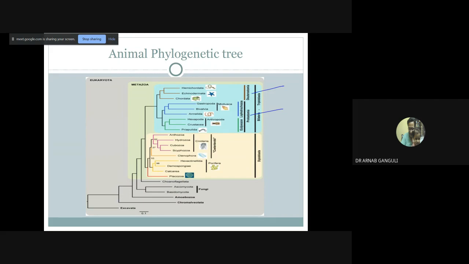I've taught you about the phylogenetic tree. This is a phylogenetic tree of animals which has been constructed.